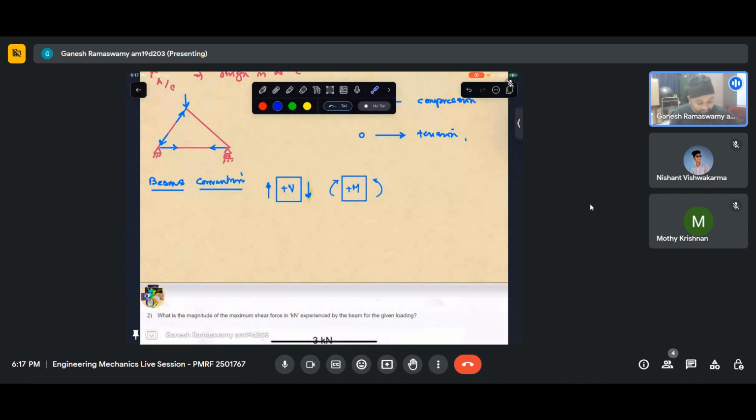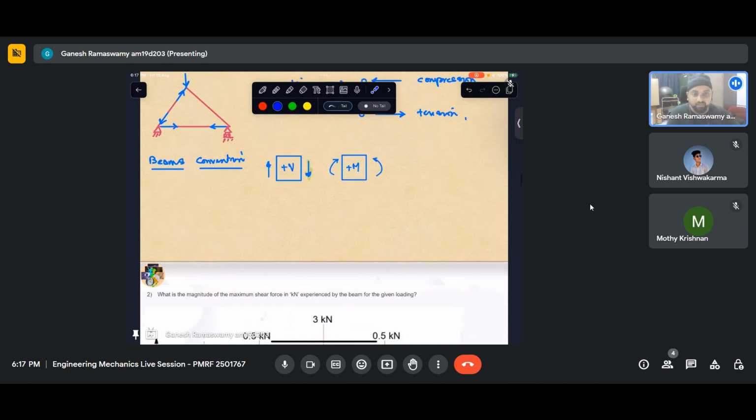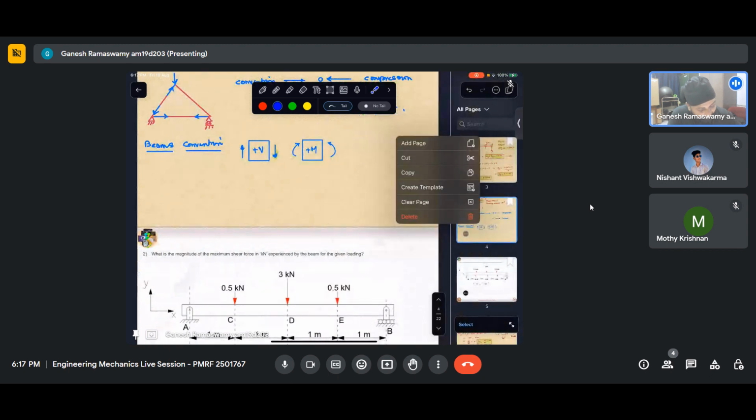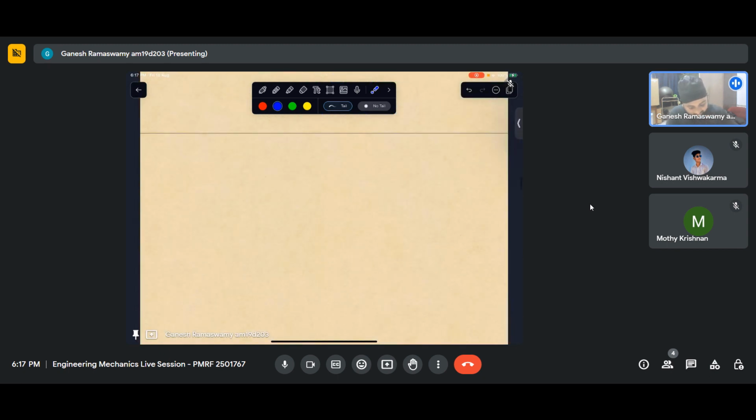Same thing, if I have a negative surface, I'll put a force pointing upward and a clockwise moment, and say that I have put positive shear force and positive bending moment. I hope that is clear. Now, how to identify a positive surface is the question one might ask. So let us look at that in a little more detail.